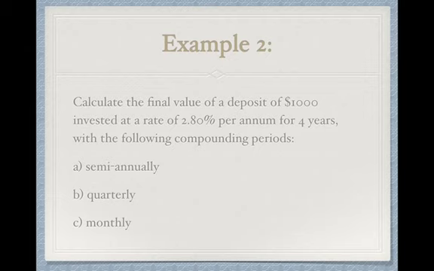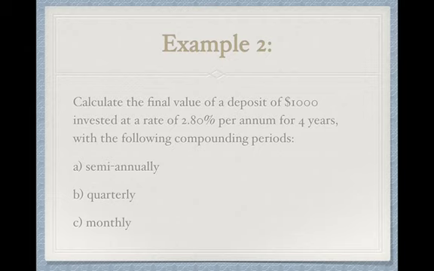The interest rate is always 2.8% per annum over 4 years. I'm writing in that my R value, my interest rate, is 2.8%, which as a decimal, if I divide that by 100, is 0.028. And then my time value is 4.